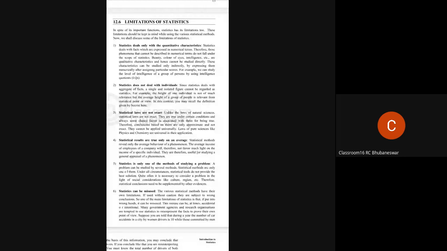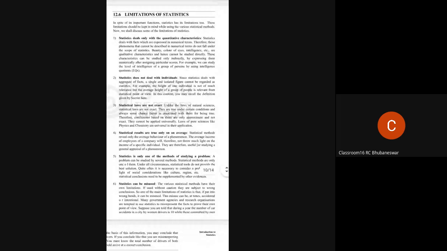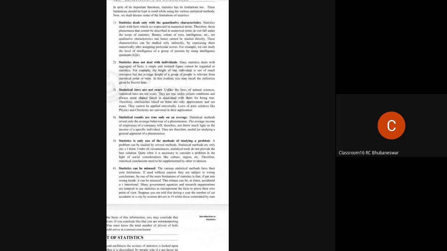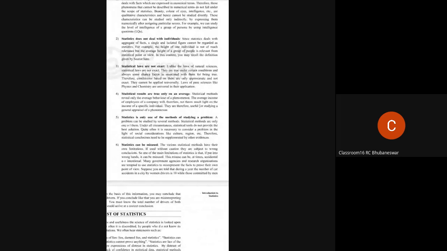Then statistics is only one of the methods of studying a problem. Then statistics can be misused. How is it misused? Collection of data is conducted by some individuals only. If data is manipulated, the whole result will be manipulated.